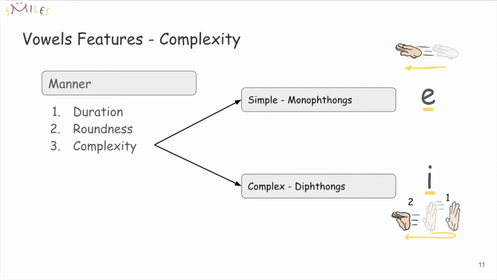E, as in fleece, is a simple single vowel, whereas I in price is a complex blend of 2 sounds, a diphthong, I, y. One should note that all complex vowels are long vowels. Their nature of being a blend of 2 sounds makes their duration long.